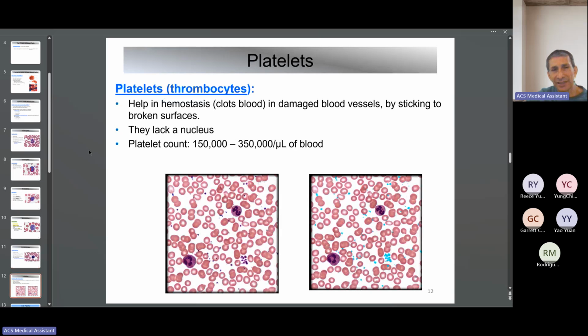Let's talk about platelets. Now, for platelets, the only thing that you need to know is the function, and what the medical term is. You can have thrombocytes or you can have the name platelets. So you need to understand that platelets and thrombocytes mean the same. Red blood cells, erythrocytes, mean the same.